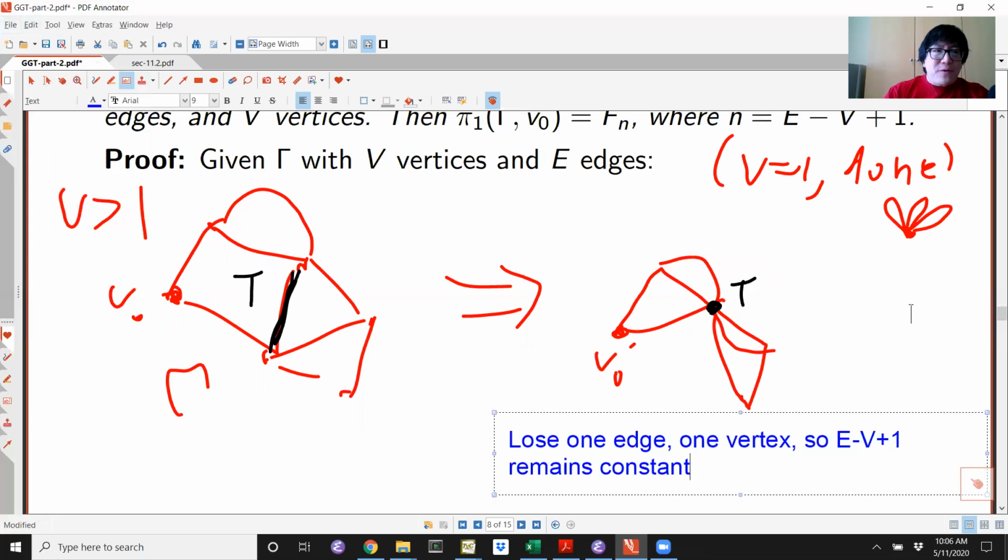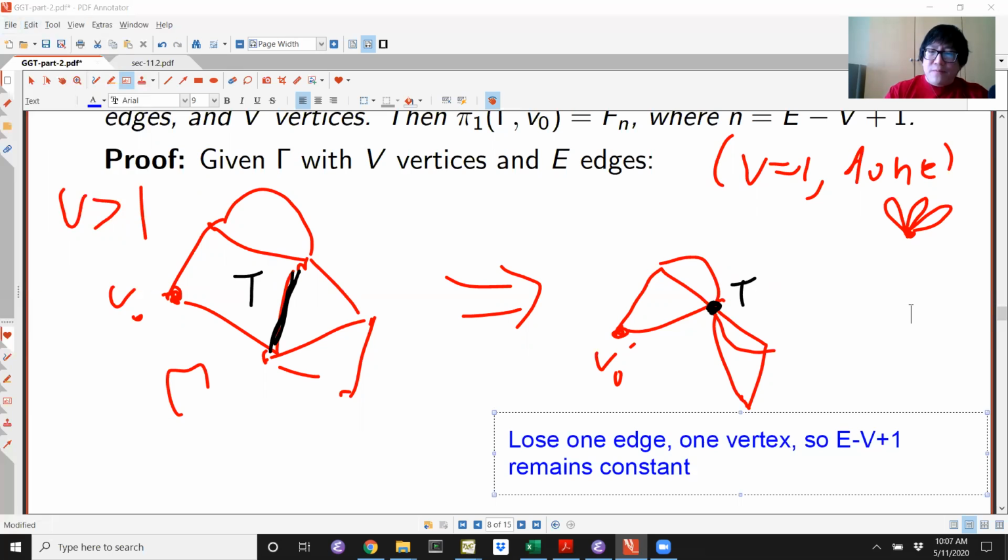is everyone familiar with the Euler number or Euler characteristic? How about V minus E plus F? Does that sound familiar?